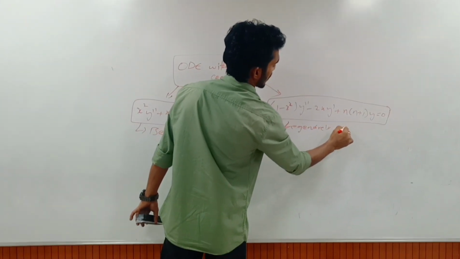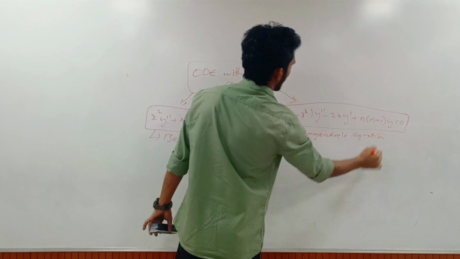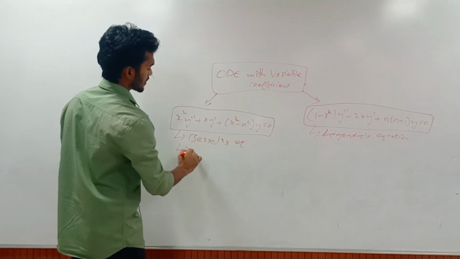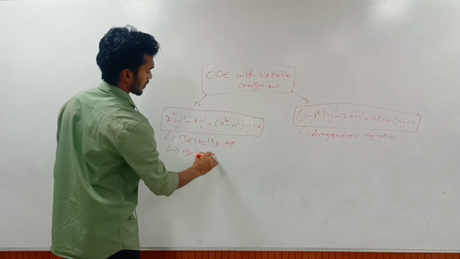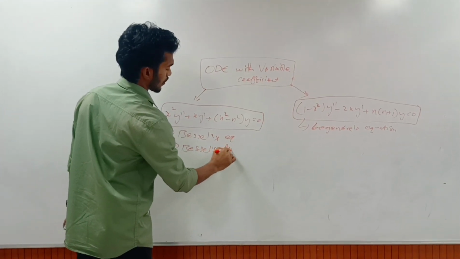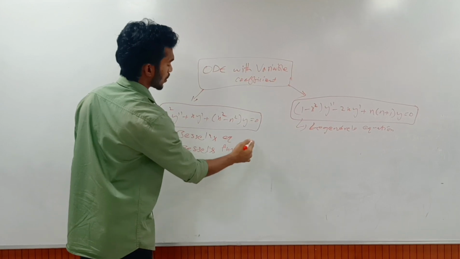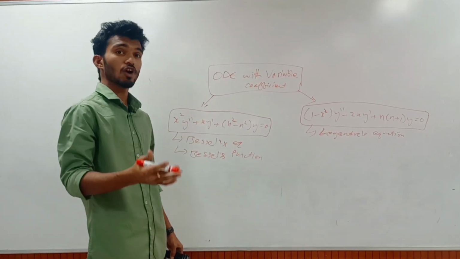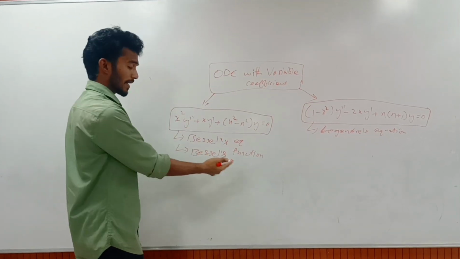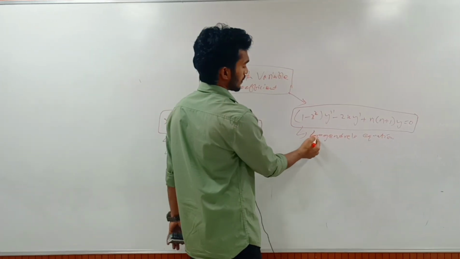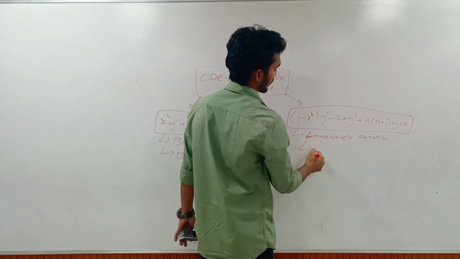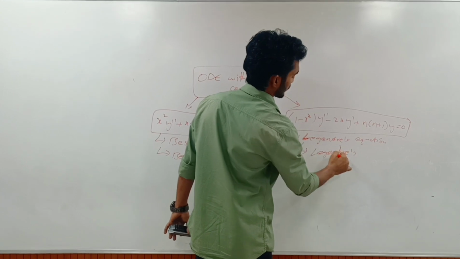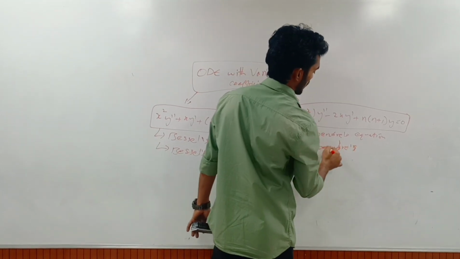The solution of Bessel's equation is known as Bessel's function, because the solution will be in the form of y of x, a function. In the same way, the solution of Legendre's equation is known as Legendre's function.